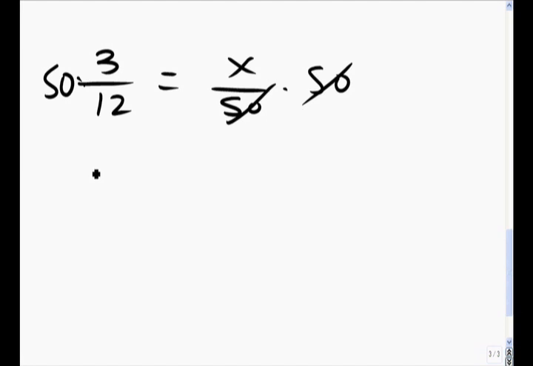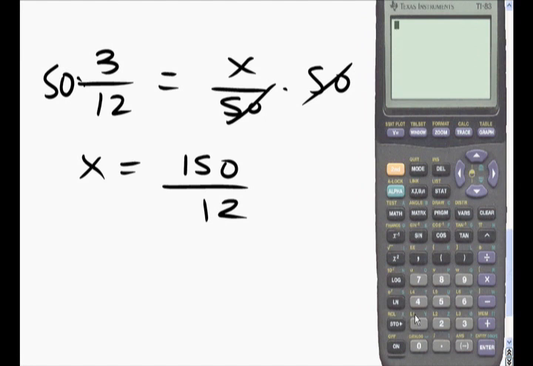Using algebra, we get x equals 150 divided by 12. This is the amount of eggs. Numerically, 150 divided by 12 is 12.5. In other words, we're going to need 12.5 eggs for 50 cookies.